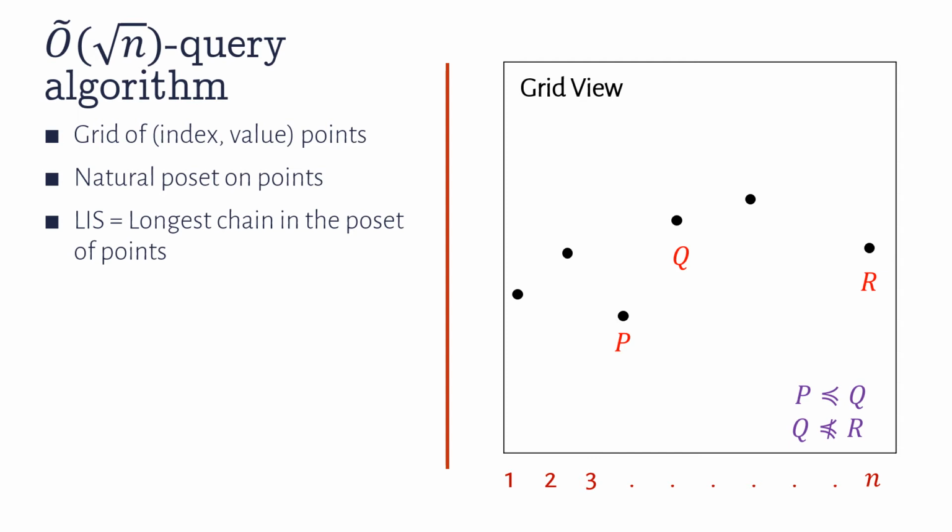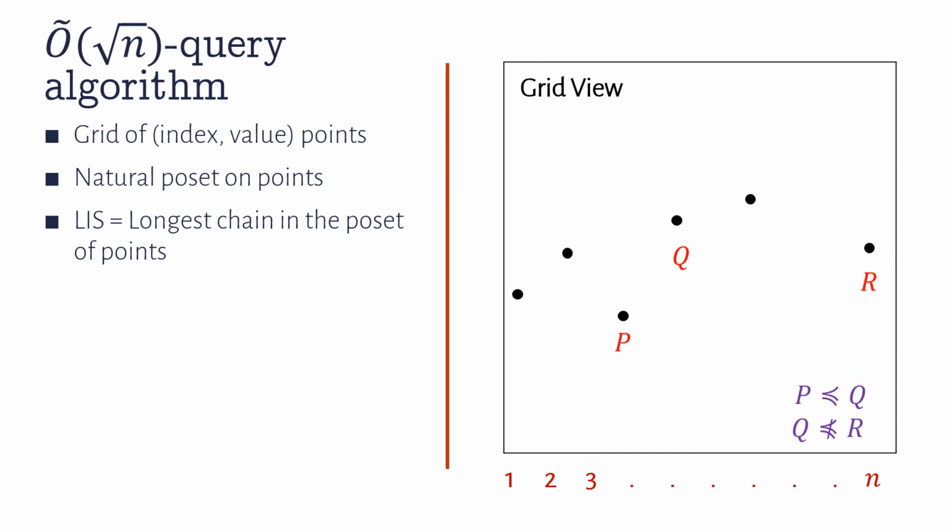The first main idea in our algorithm is to view the array as a grid of index value pairs of points. This naturally defines a poset on such points. Consider the points P, Q, and R here. The point P is defined by some index and its corresponding array value.